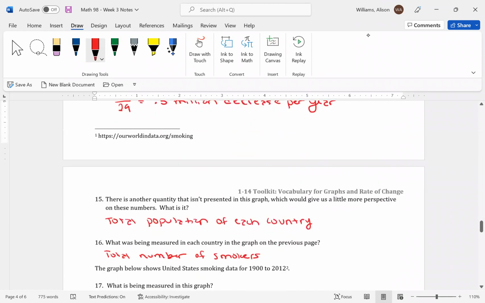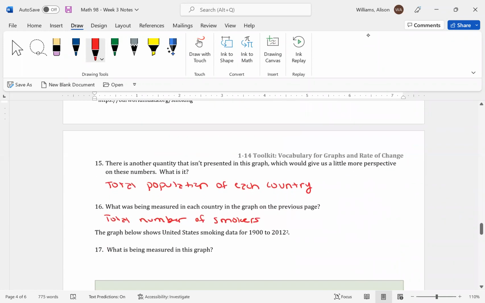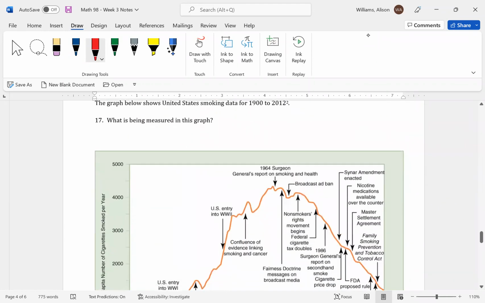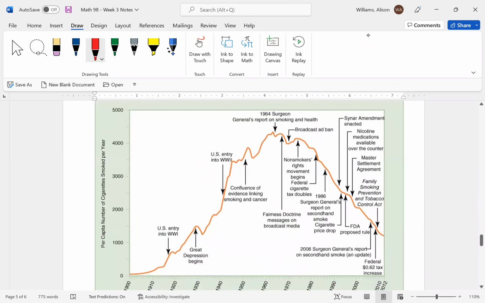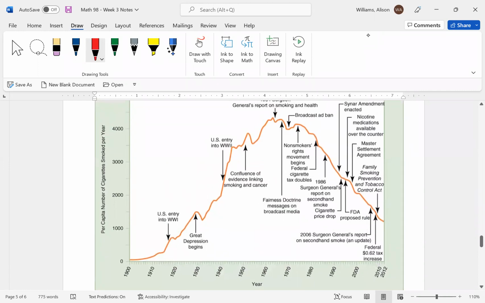Okay, let's come back here. Sorry, new graph. What is being measured in this graph? Okay, so they're actually going to make us look at it and figure out what's being talked about here. The first thing I'm noticing is the axis on the left is per capita number of cigarettes smoked per year.